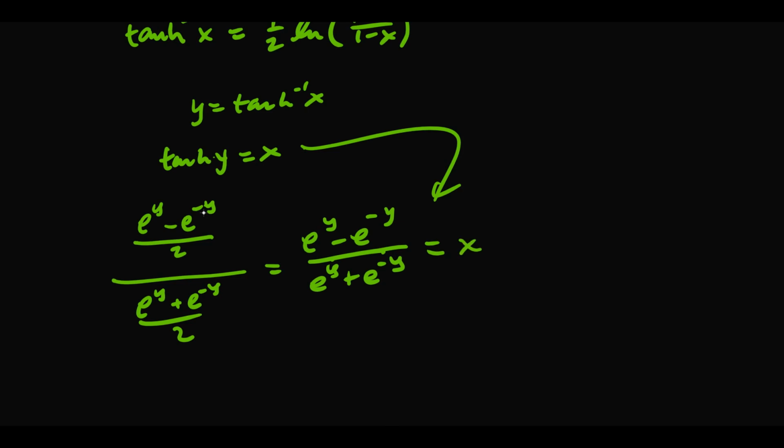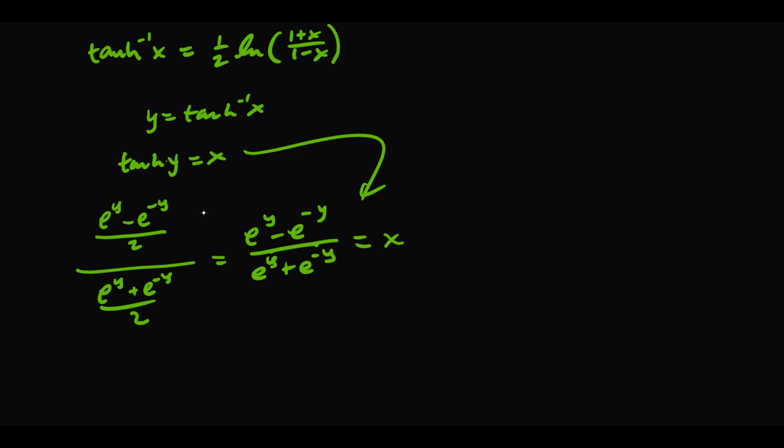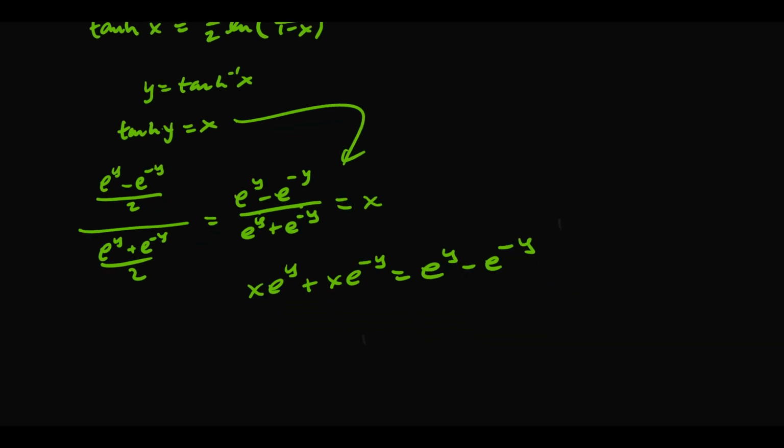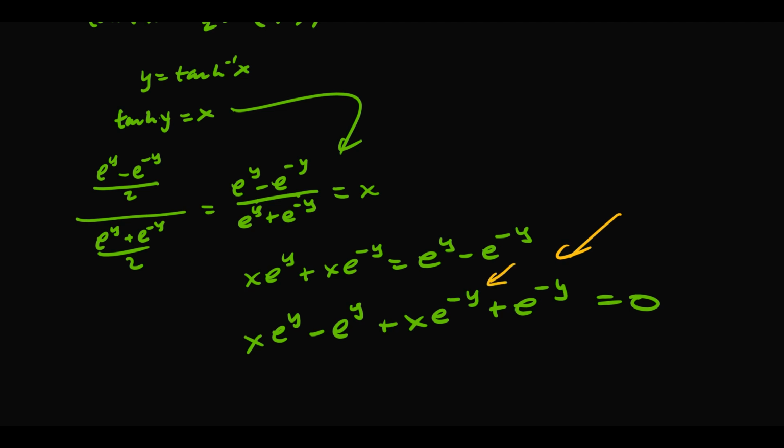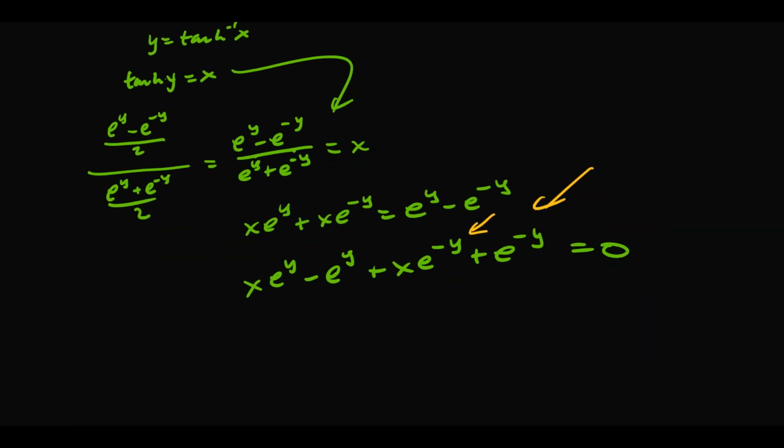So now we're going to multiply both sides by the denominator there, and we get this right here. I just cross multiplied. Now I'll pull everything over, and we'll get 0. Okay, so I don't really like this e to the negative y business here. So what I'm going to do is multiply everything by e to the y.